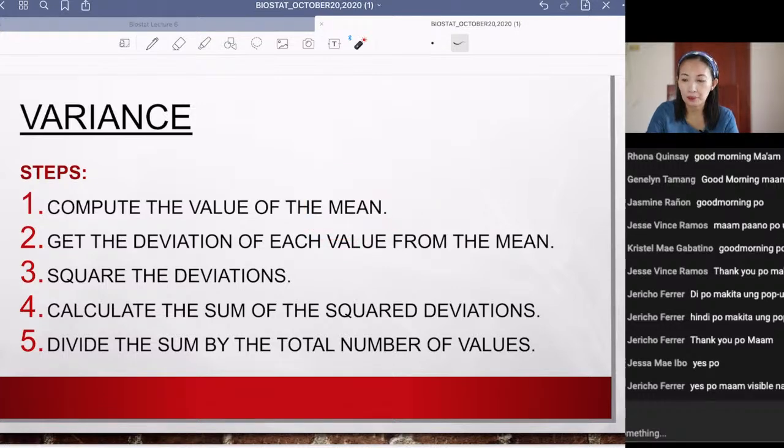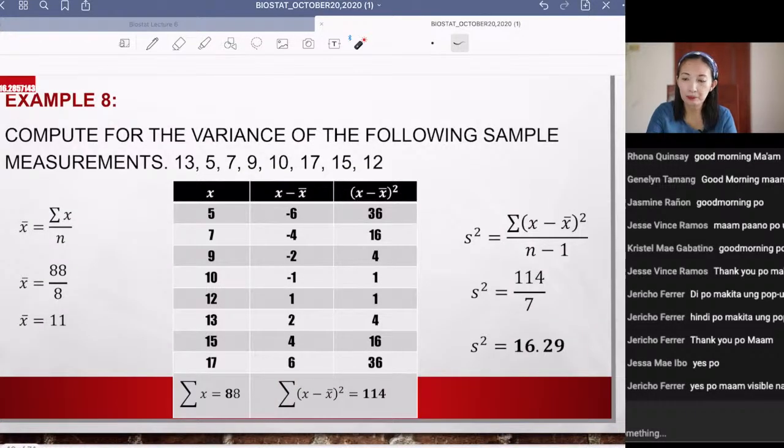The mean is the sum of all the observations divided by the number of observations. So 13 plus 5 plus 7 plus 9 and so on is 88, divided by 8 observations, which is 11. So that's the mean.